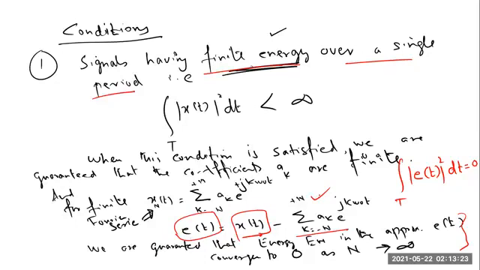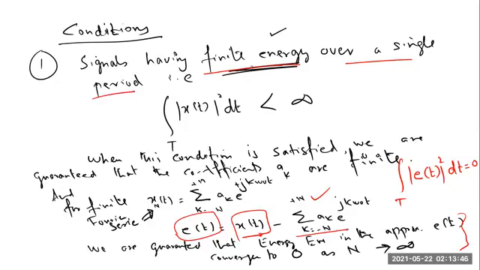And this concept is important from a communication system point of view: even though there can be a difference in the two signals, if their energy is the same, all systems will treat those signals identically.